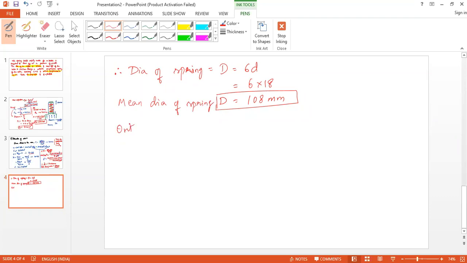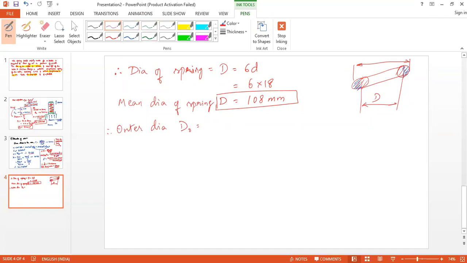So what is the outer diameter D naught? In the last class we have seen that if you take this as a spring, one single spring, this is circular. So this is D, and D naught is the outer diameter. That is equal to D plus half of the wire diameter here and half of the wire diameter here.